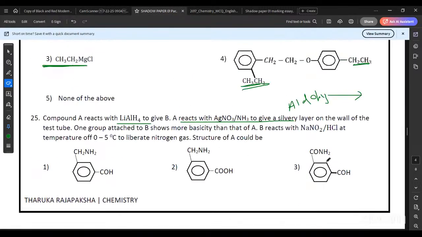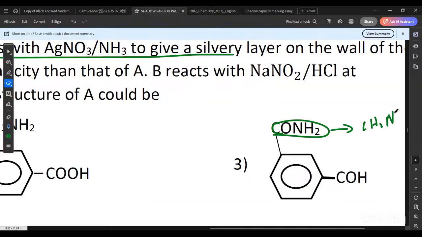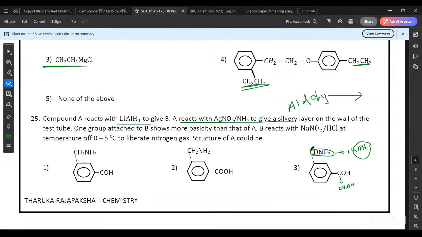So that question, 25th one, answer number 3. People, this CONH2 will go to CH2NH2 after you put lithium aluminum hydride. The aldehyde group will go to CH2OH. So this one is more basic than this one, you know that.